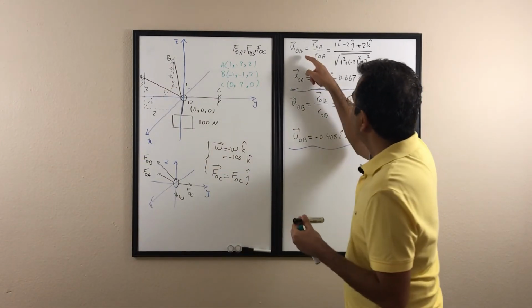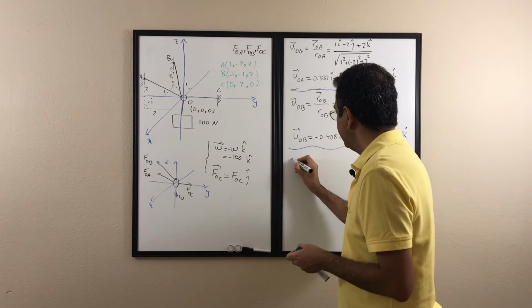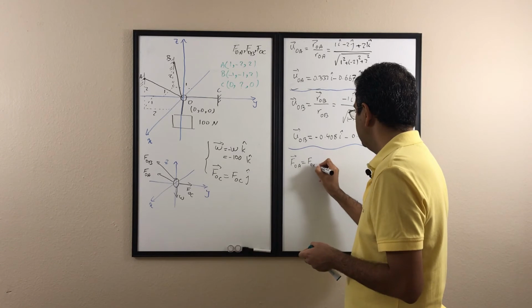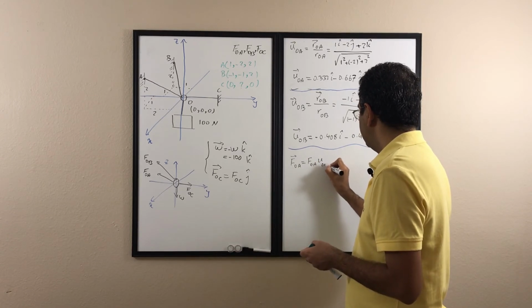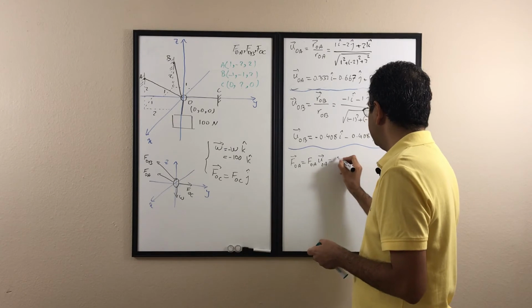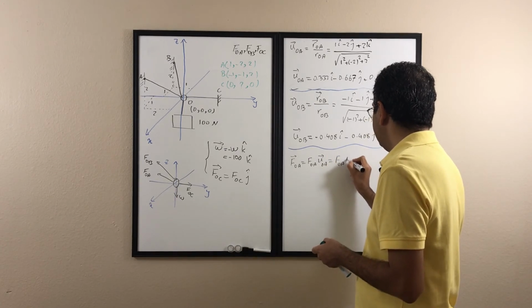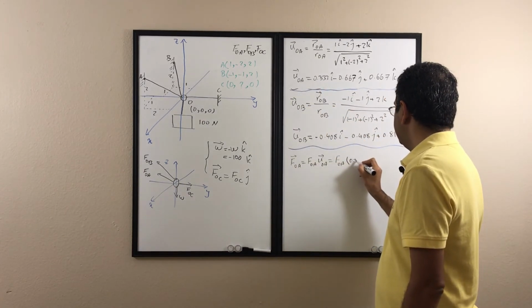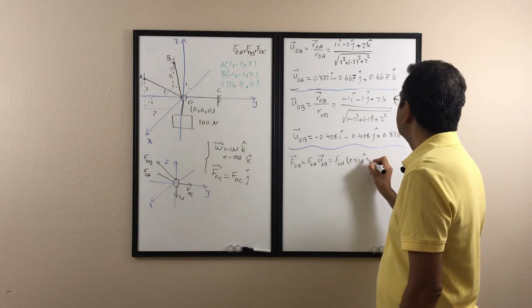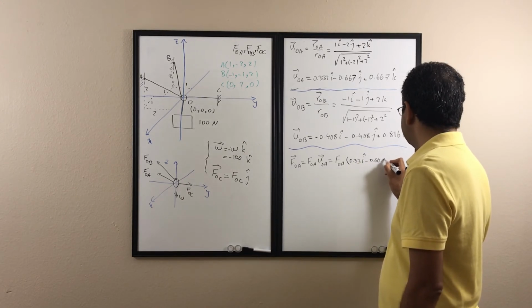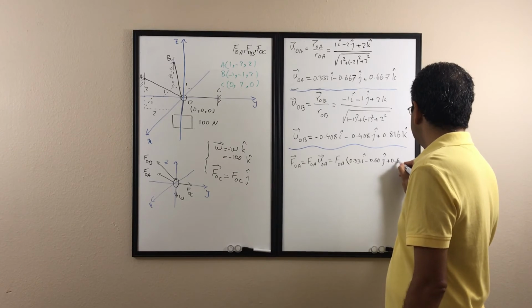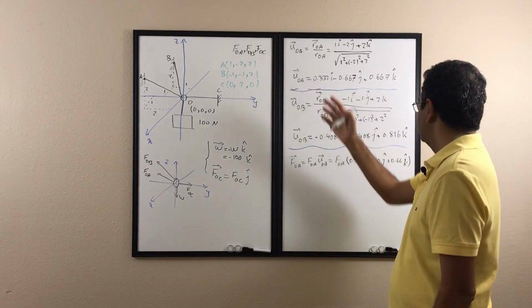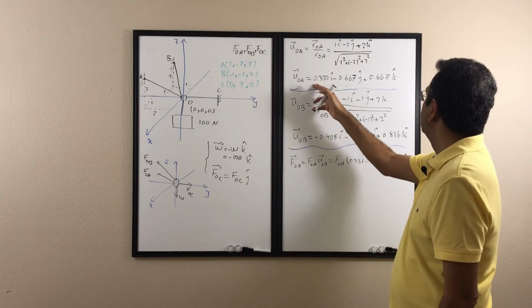For OA, we know that FOA is its magnitude, which is what we want to find, times the unit vector of OA, which is 0.33 I minus 0.66 J plus 0.66 K. I only keep two numbers after the point.